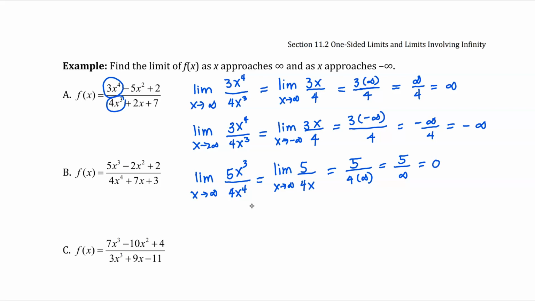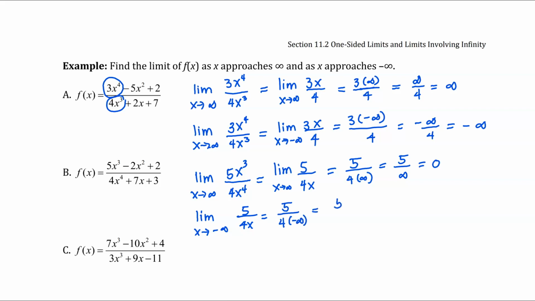Now, regardless of whether the denominator is positive or negative infinity, as long as the numerator is constant, this would be equal to 0. Therefore, if you take the limit of that same expression as x approaches negative infinity, you will have 5 over 4 times negative infinity.